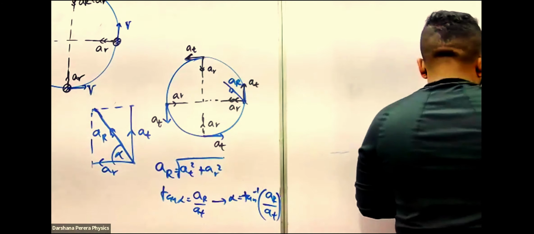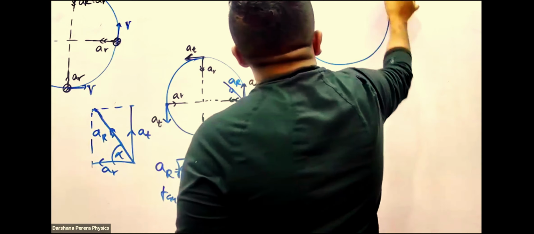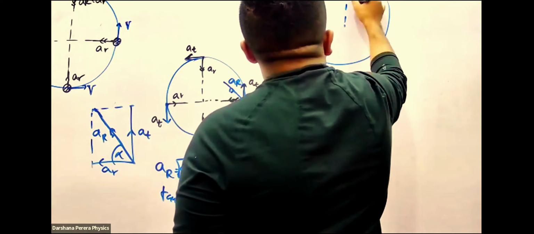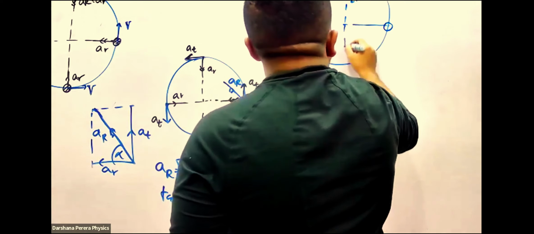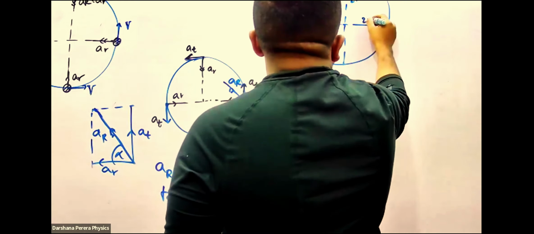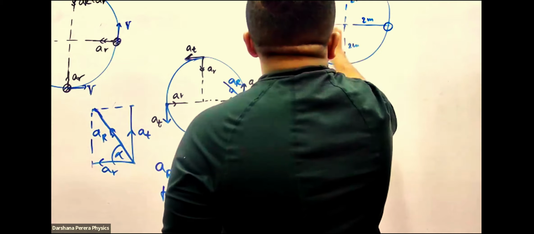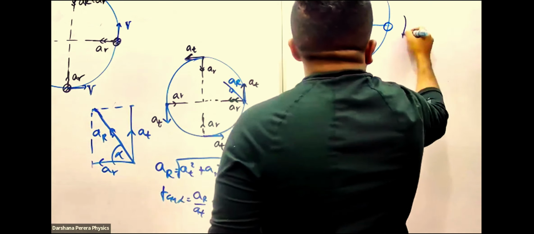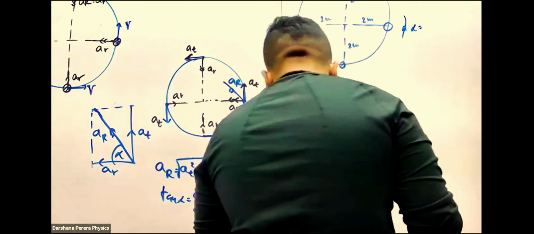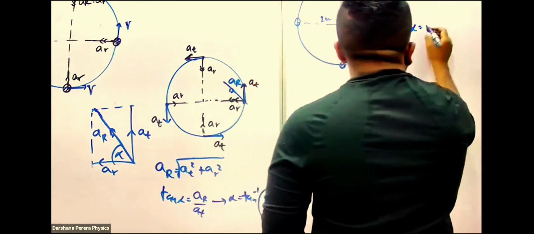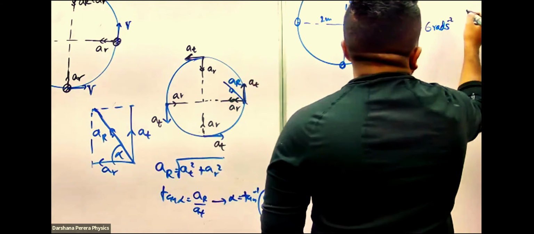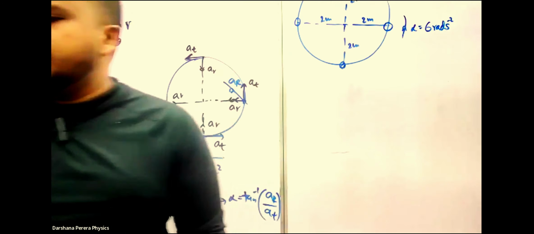When an object is in circular motion with radius 2 meter, and its angular acceleration alpha equals 6 rad s minus 2.